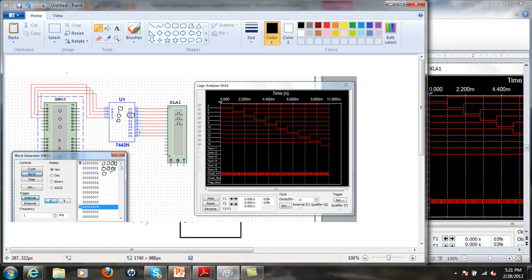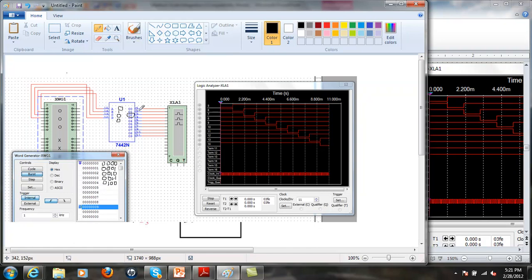This is just going to count up. And then 4 is 0, 1, 0, 0, and so on. So it's activating those inputs, and this is an active low output. So when it activates that output, it drops it low.